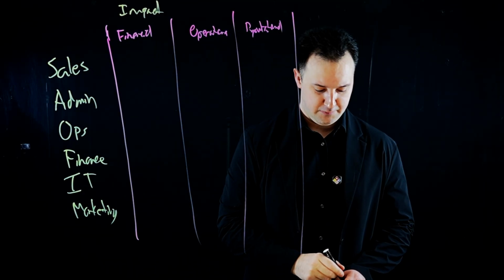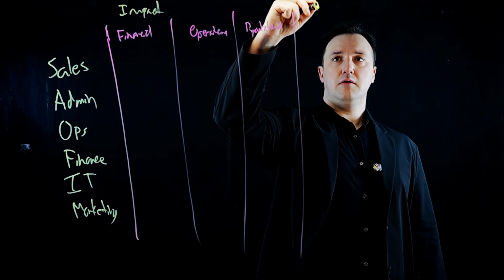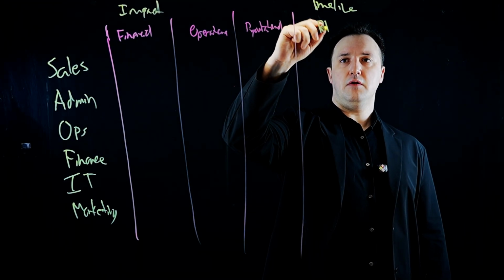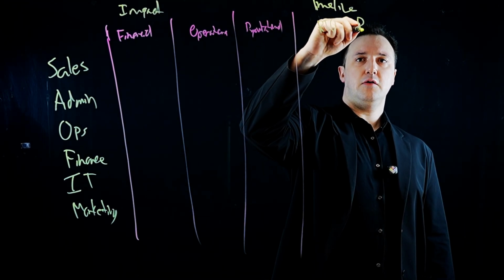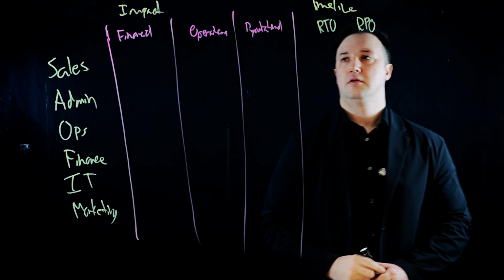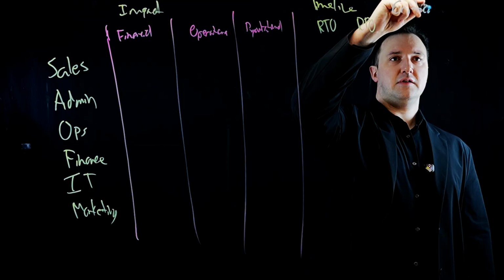We're then going to have timeline, which is going to have RTO and RPO. We're then going to have criticality.